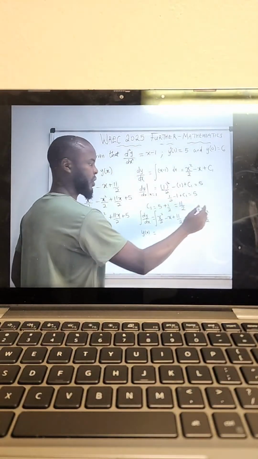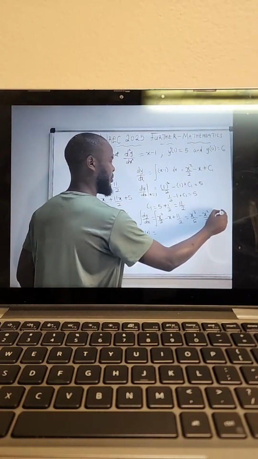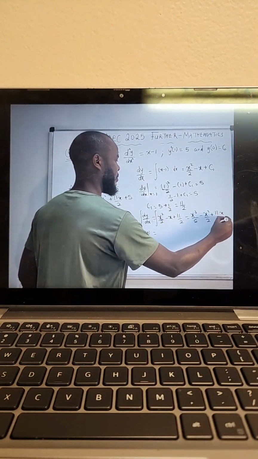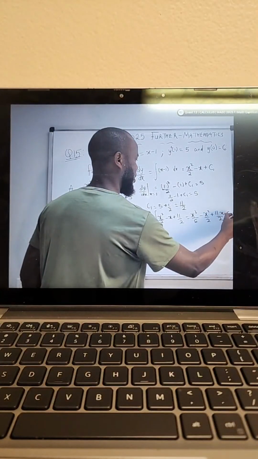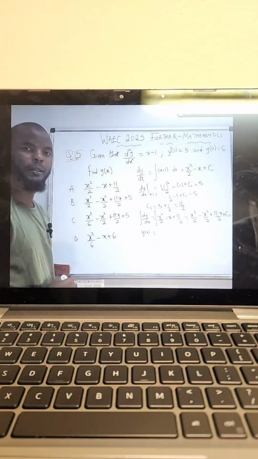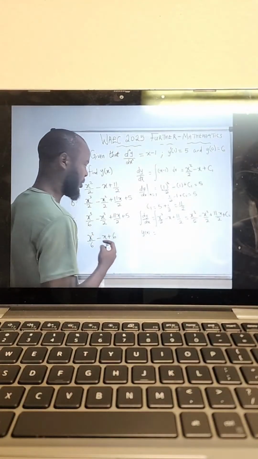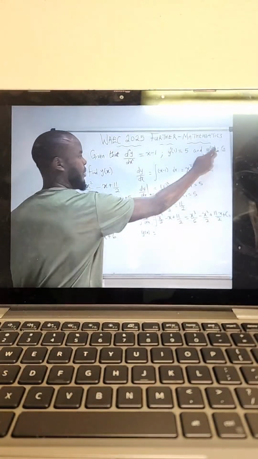If you integrate this constant, here we have 11x over 2 plus c2, which is the constant. Next to do is when x is 0.